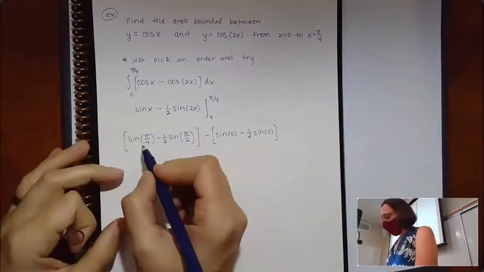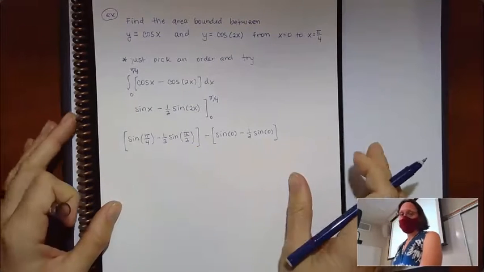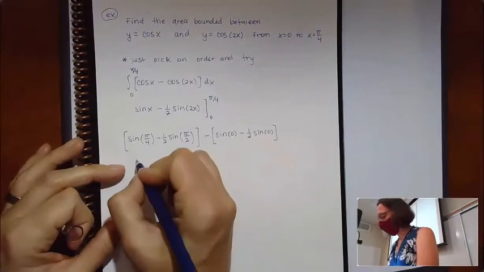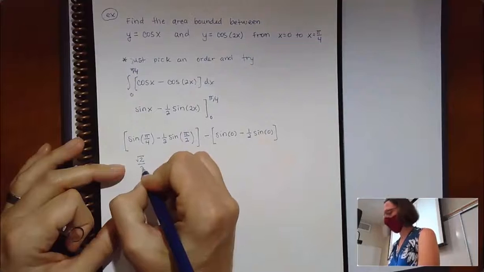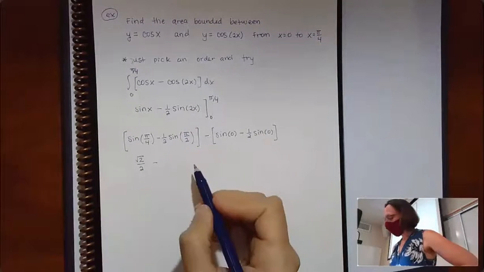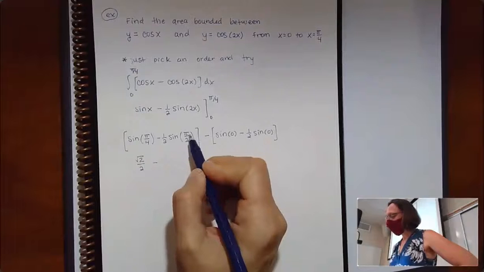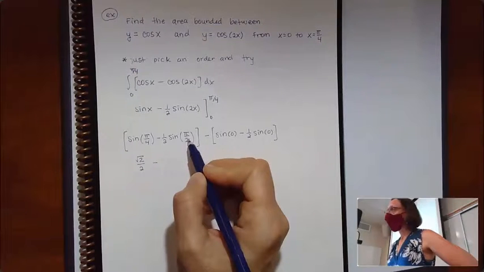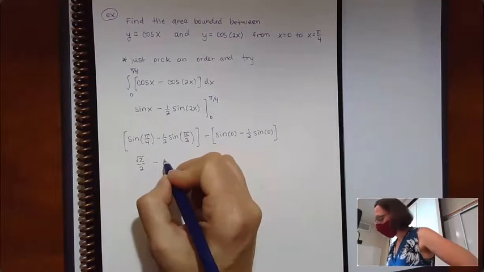Well, sine of pi over 4, I think about it as 1 over square root of 2, but most people do square root of 2 over 2, so I'll go with that. Minus sine of pi over 2 is equal to 1. So that would be minus 1/2.